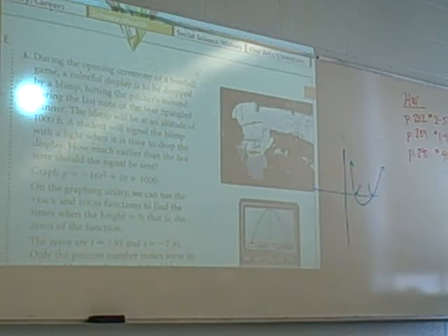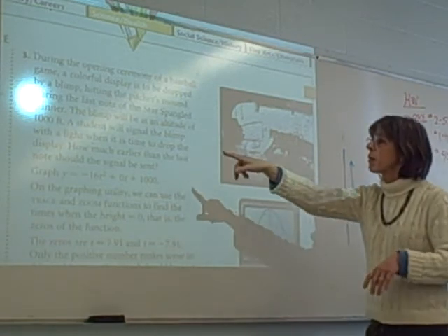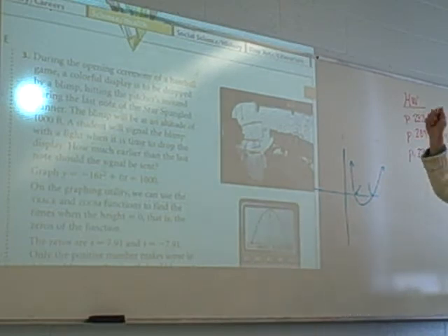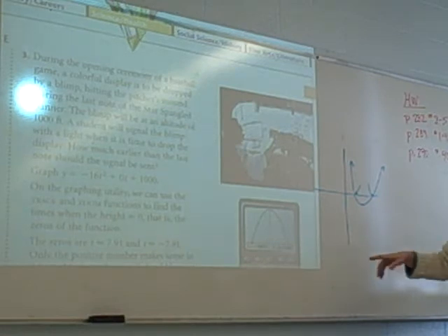Do we have a formula in mind? Yes, because we're going to be dropping something. T squared. A student will signal the blimp with a light when it's time to drop the display. How much earlier than the last note should the signal be sent?